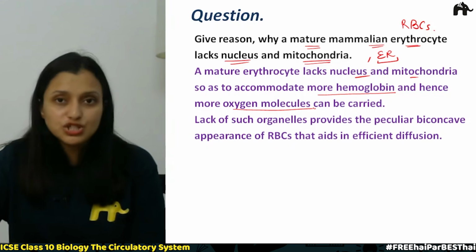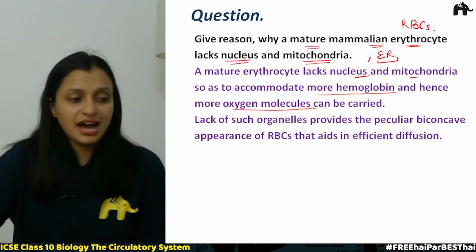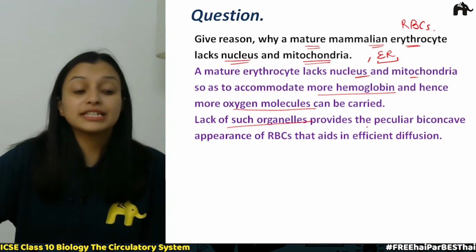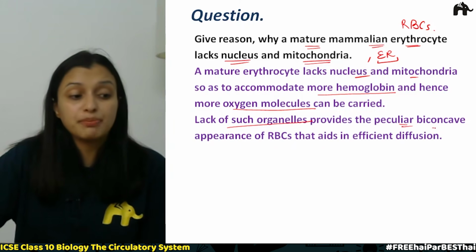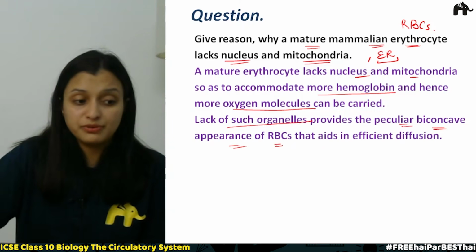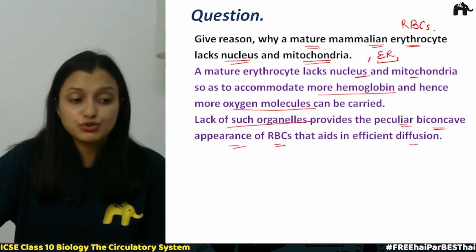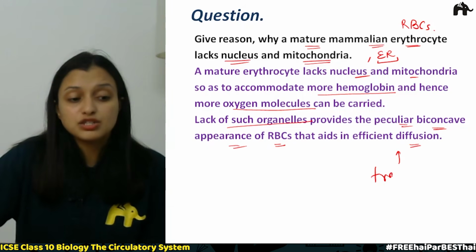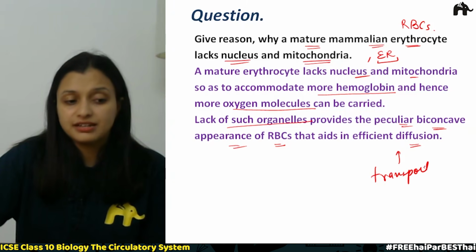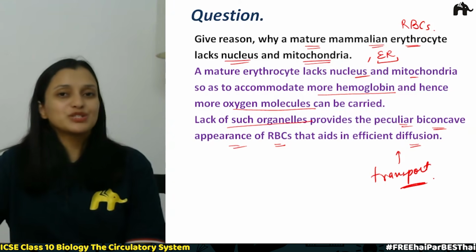The lack of such organelles provides a peculiar biconcave appearance to RBCs, which aids in efficient transport of gases, right? I hope this question is also clear.